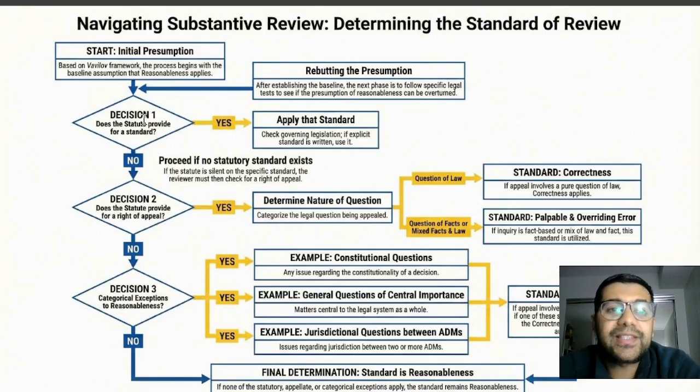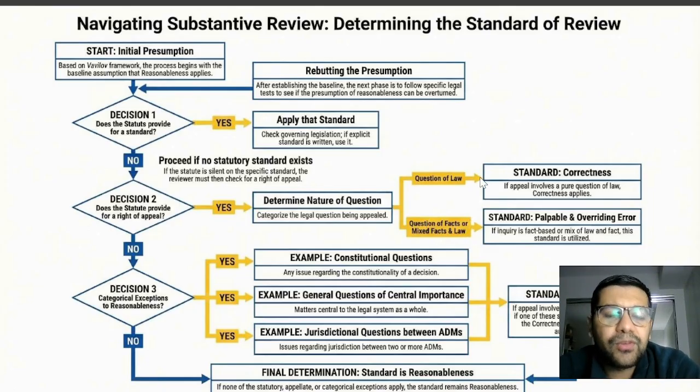But if the statute is silent on that, then you need to see whether the statute provides for a right of appeal. If yes, then determine the nature of the question and categorize the legal question being appealed. You can only appeal legal questions: a question of law, a question of fact, or mixed fact and law.